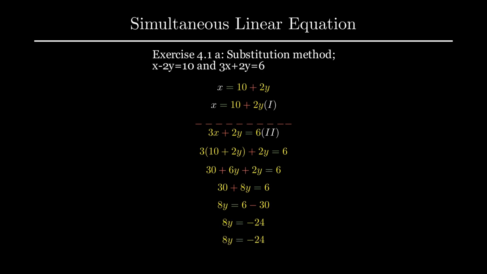Then we divide both sides by 8, which gives us y is equal to negative 3. Now we know the value of y, which is negative 3. Then we move on to solve for the actual value of x, so that we complete the solution of these equations.